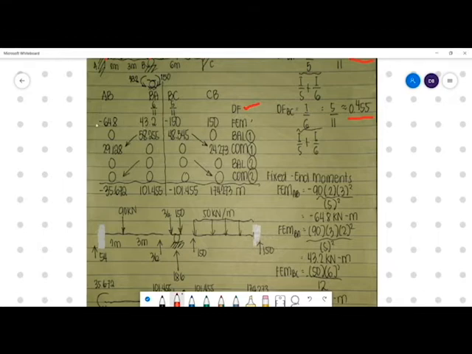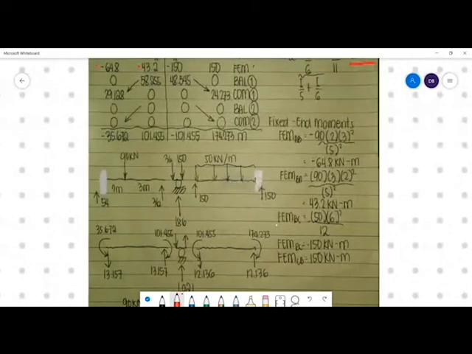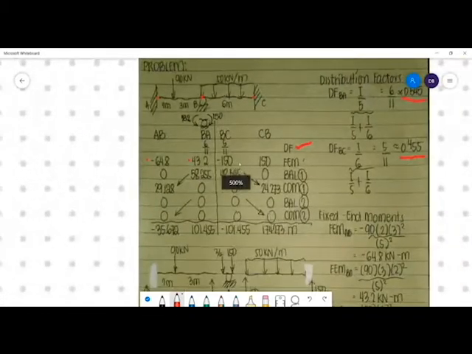So we write negative 64.8 and 43.2. Next, FEM BC is the same as CB, the only difference being the sign convention. It is wL squared over 12, 50 times 6 squared over 12, which is equal to negative 150 kilonewton meter for BC. CB is equal to 150. So we write them down here, negative 150 and 150.